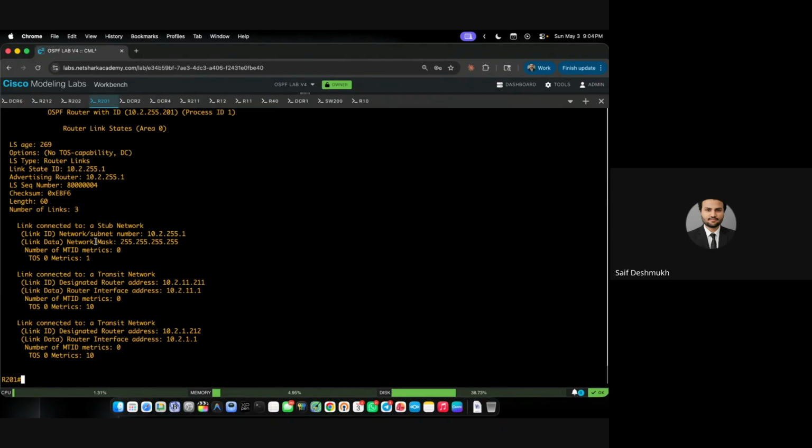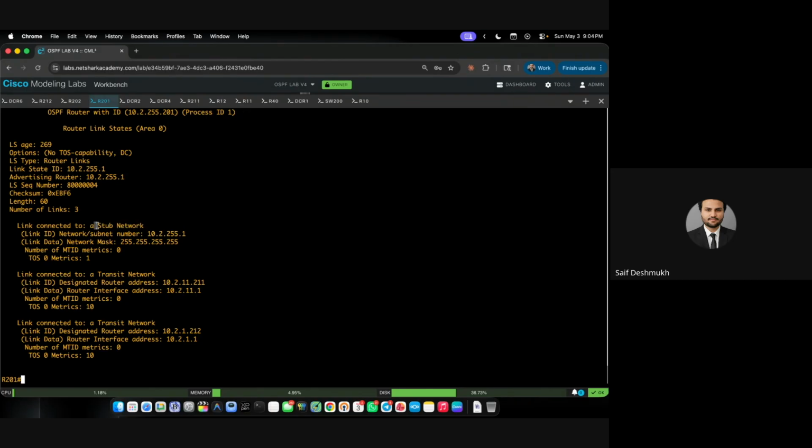So here's the thing. What do you see? This is a link connected to a stub network. There are possibly 2 things: either it's a loopback, or it is an interface where you don't have any OSPF neighbors connected.